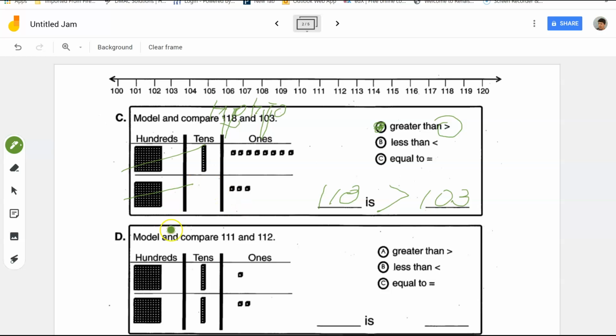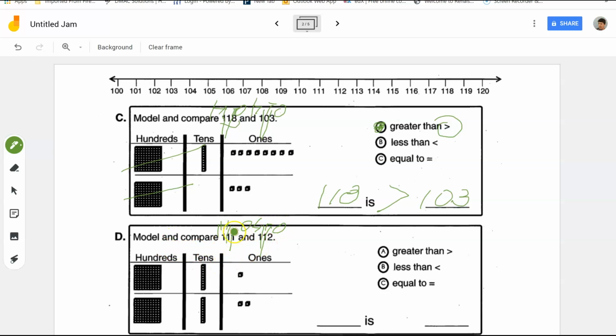Let's do the next one. So we do the same thing. We use our lanes here, and we have hundreds, tens, and ones. Again here, hundreds, tens, and ones.